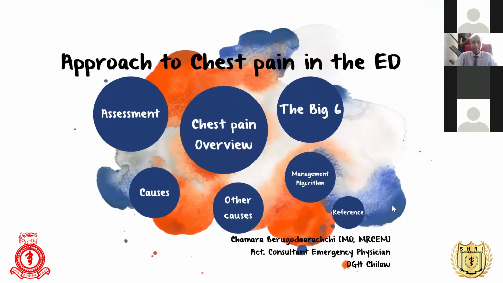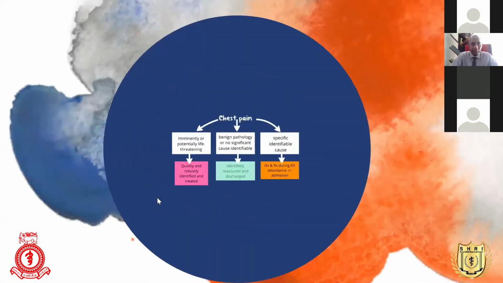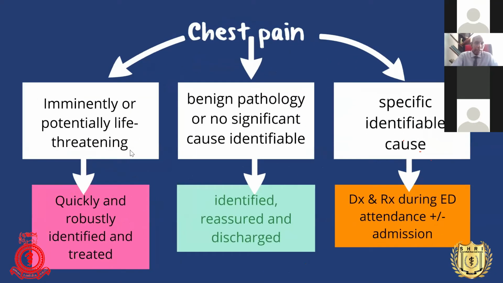So I said there can be many causes for chest pain. Some are imminently or potentially life-threatening. We need to identify them, we can't miss them, and we need to quickly and robustly manage them. On the other hand, there can be some benign pathologies. The only thing we need to do is send them home with some reassurance and a safety net.